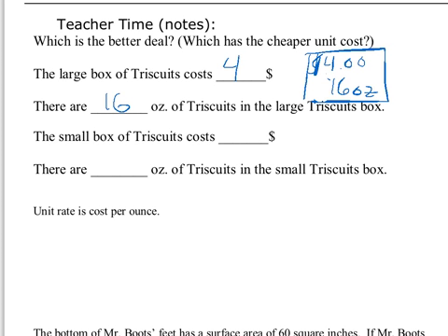There's a smaller box that is $3.50. It is cheaper, but has only 12 ounces. So the question is, which one should we get?